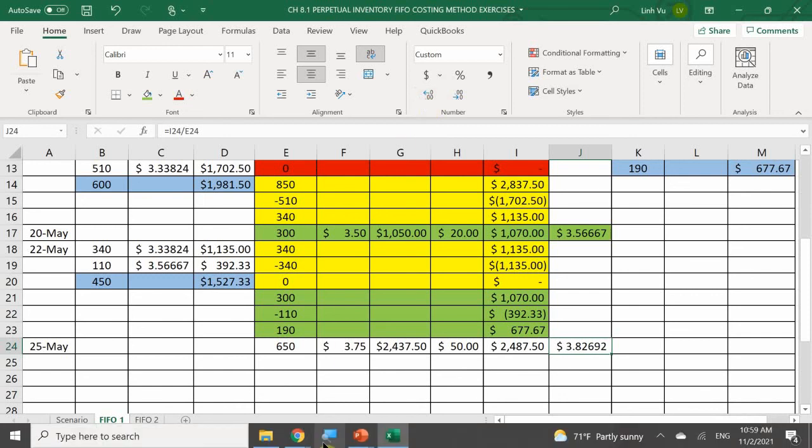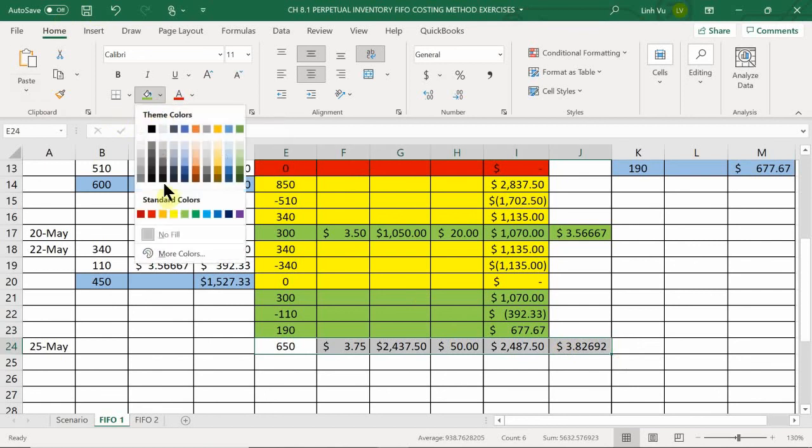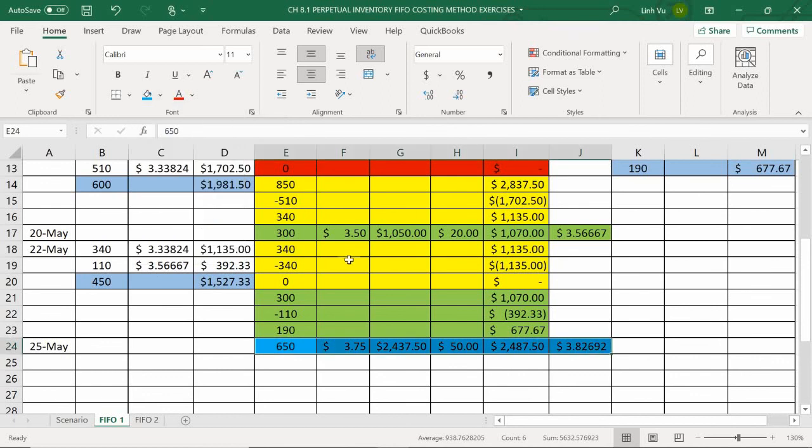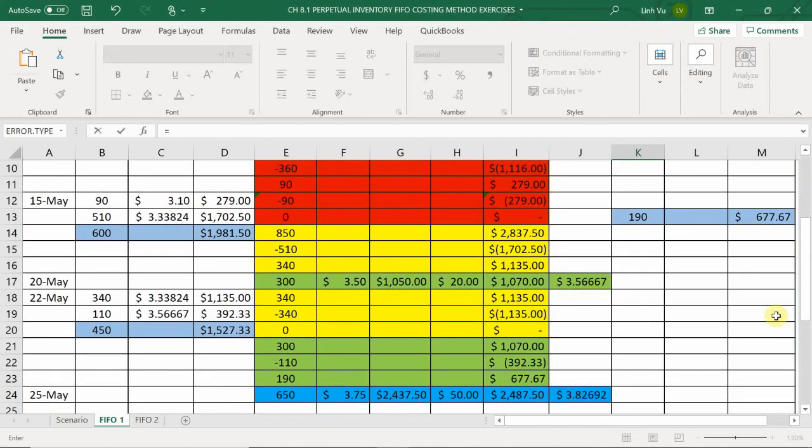3.82692. Right? And I'm going to make this one, what other color did I not use? Blue. Okay, there you go, blue. So then I'm going to go ahead and pop that in here because I have new inventory.